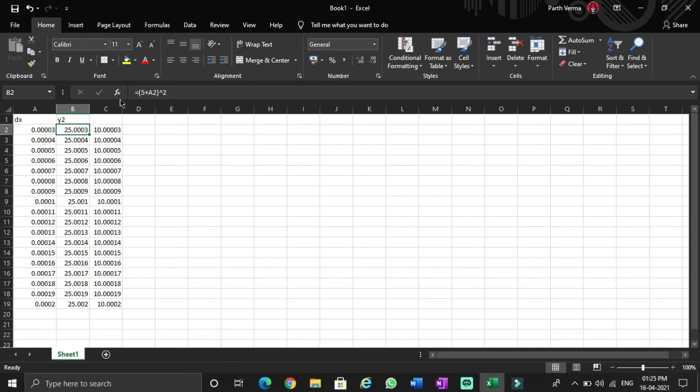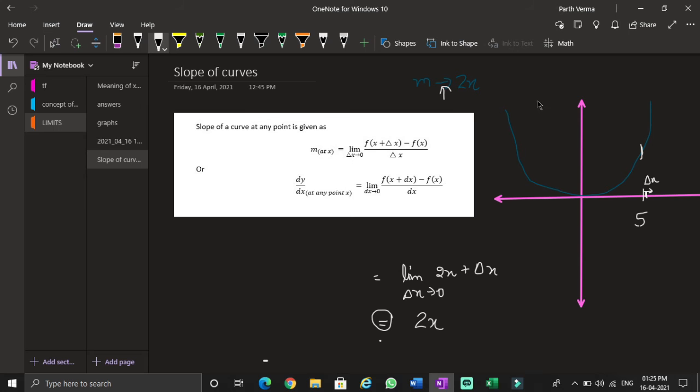What is this? This is 5 plus dx whole square, because the function is x square here. At x equal to 5, the function value is going to be 5 square. So this is your y1.